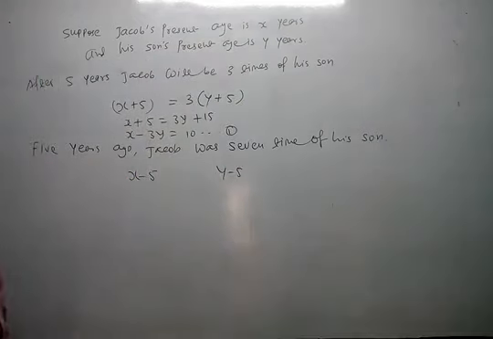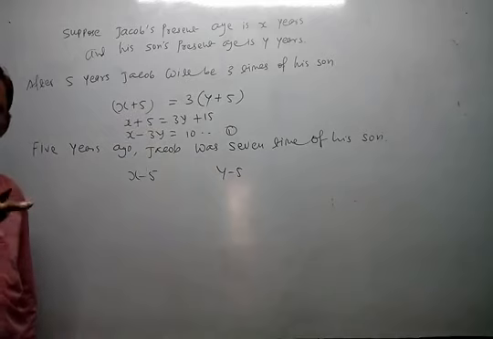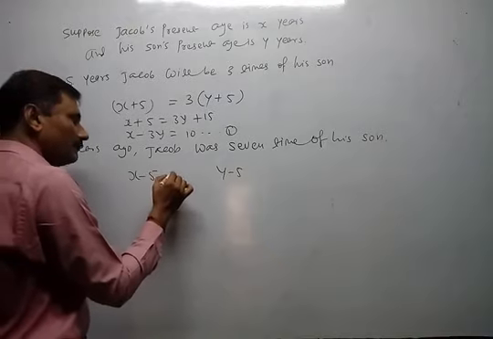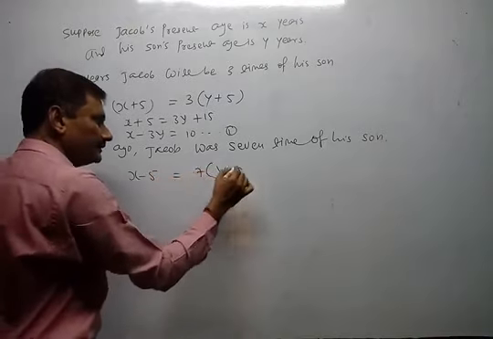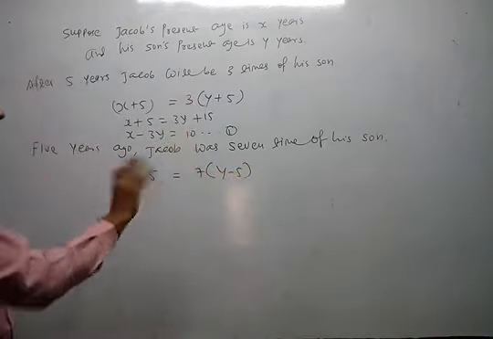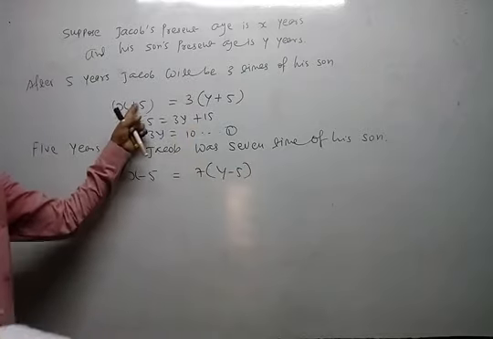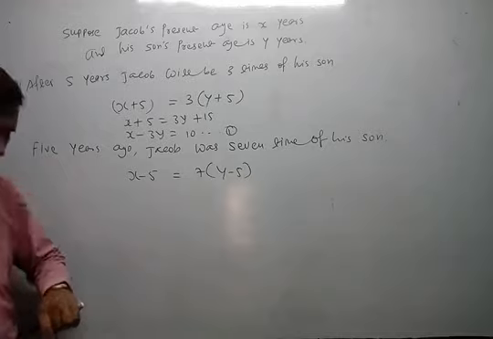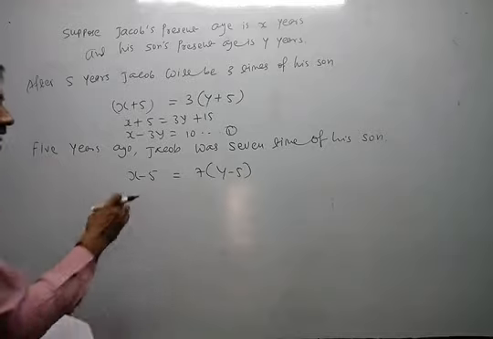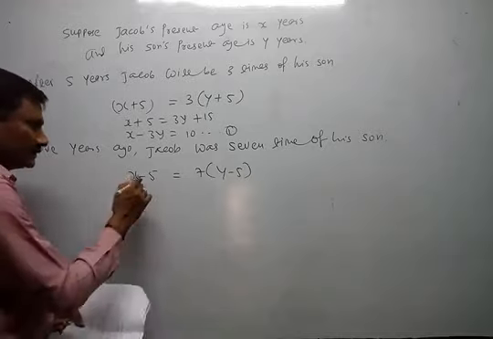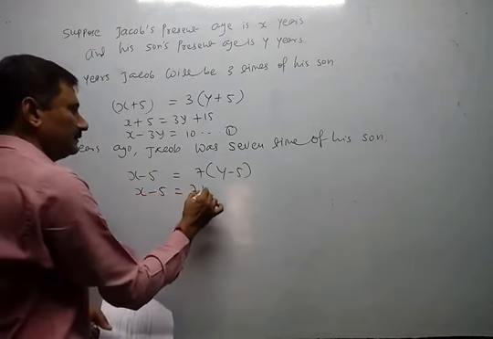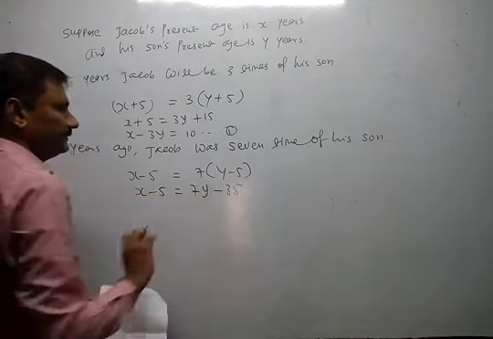Nowhere are x and y counted alone; past and future are counted. Now in the past, Jacob was 7 times of his son, just like 3 times earlier, here it is 7 times. After 5 years it is plus, before 5 years it is minus. Now just simplify it. So x minus 5 equal to 7y minus 35.